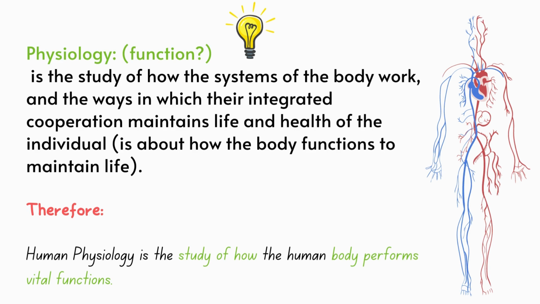So it's about how the body functions so as to achieve the main purpose of maintaining life. How do we define human physiology? Human physiology is the study of how the human body structures perform their vital functions.